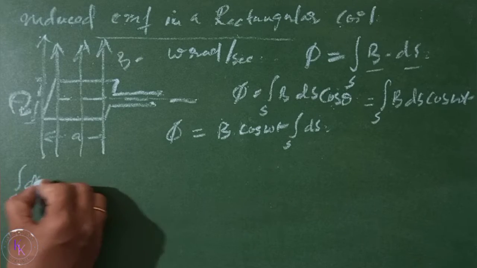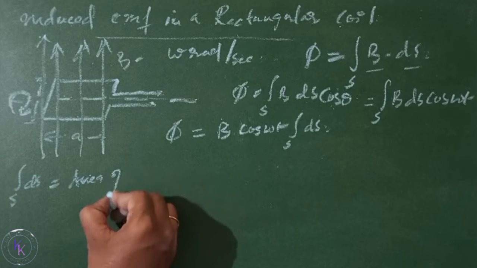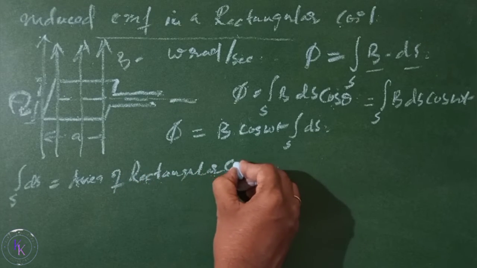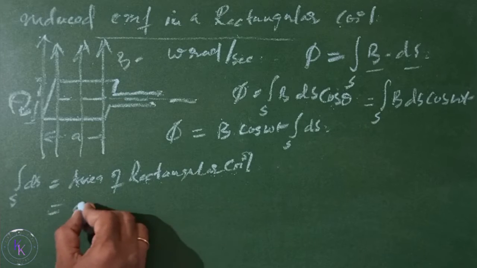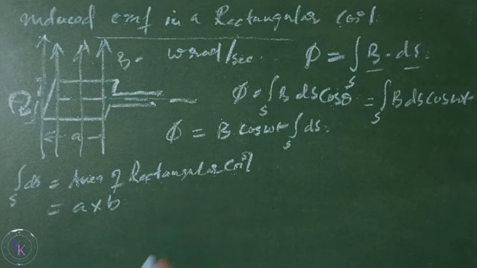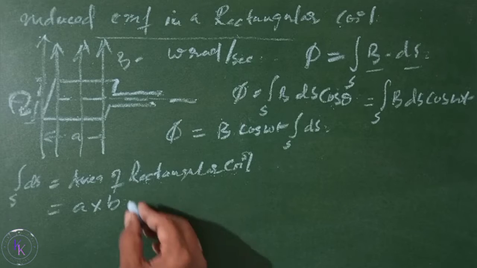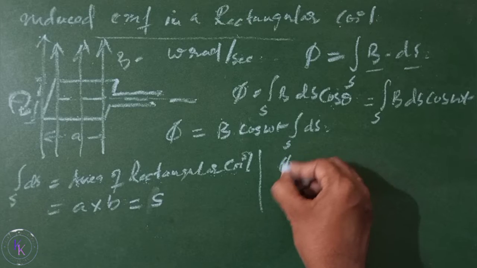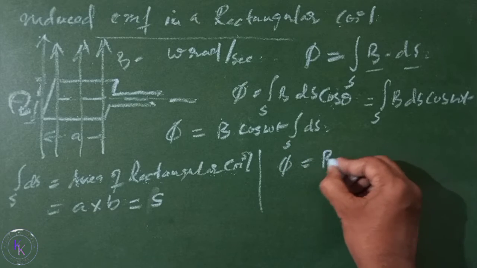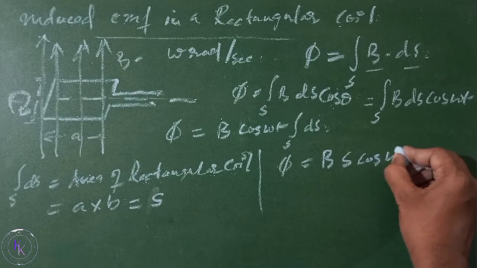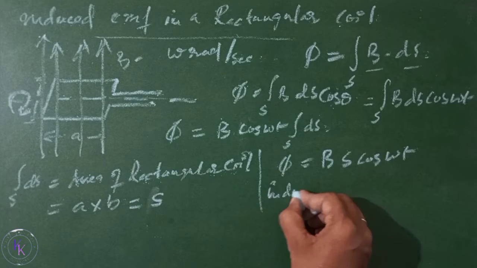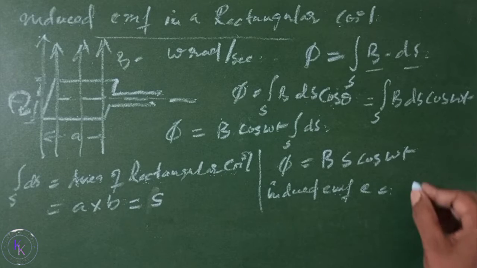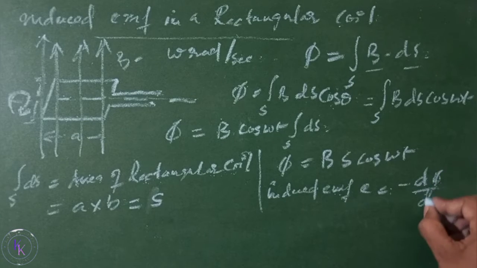The surface integral of ds is equal to the area of the rectangular coil, given by length A times width B, which we call S. The flux is given by B S cos omega t. We need to find the induced EMF, E equals minus d phi by dt.